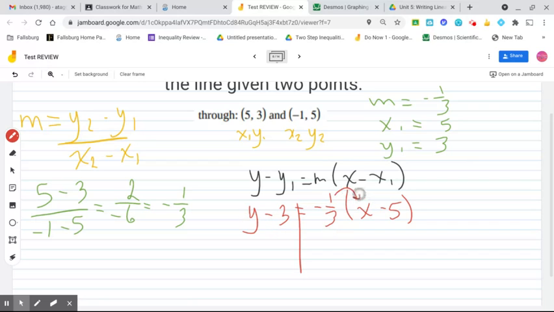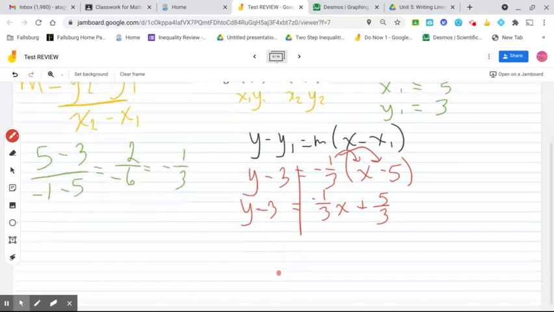It's not, so it stays the same. And over here, we're going to distribute. So y minus 3 stays the same. Negative 1/3 times x is negative 1/3 x. Negative 1/3 times negative 5. Well, that double negative will change to a positive, and I will get 5/3. Okay.